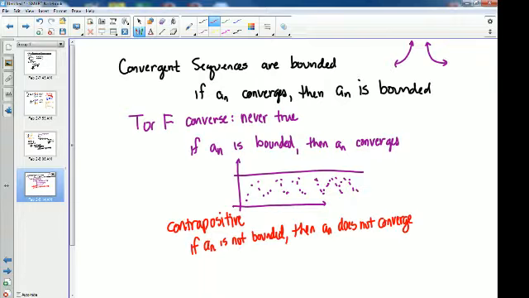So you flip the statement like the converse, but you also negate both items. It's a contrapositive. True or false? If a sub n is not bounded, then a sub n does not converge. Is that true?